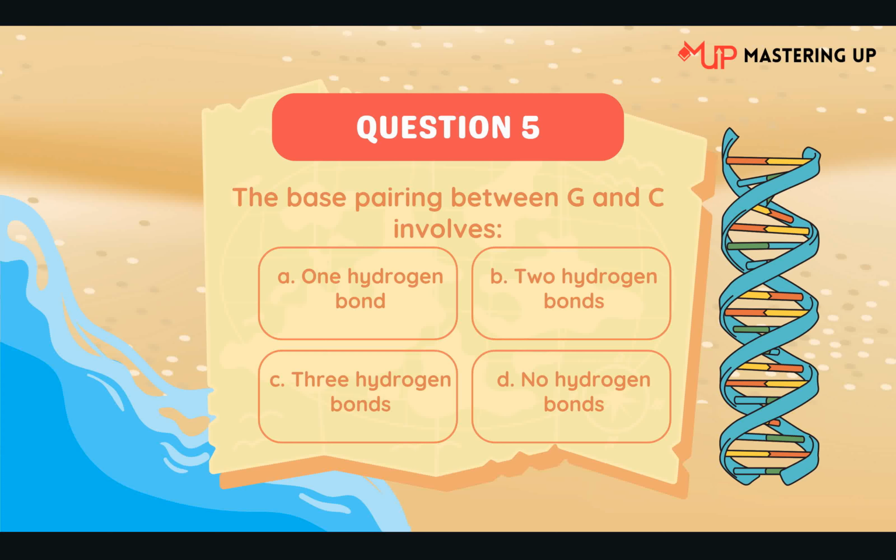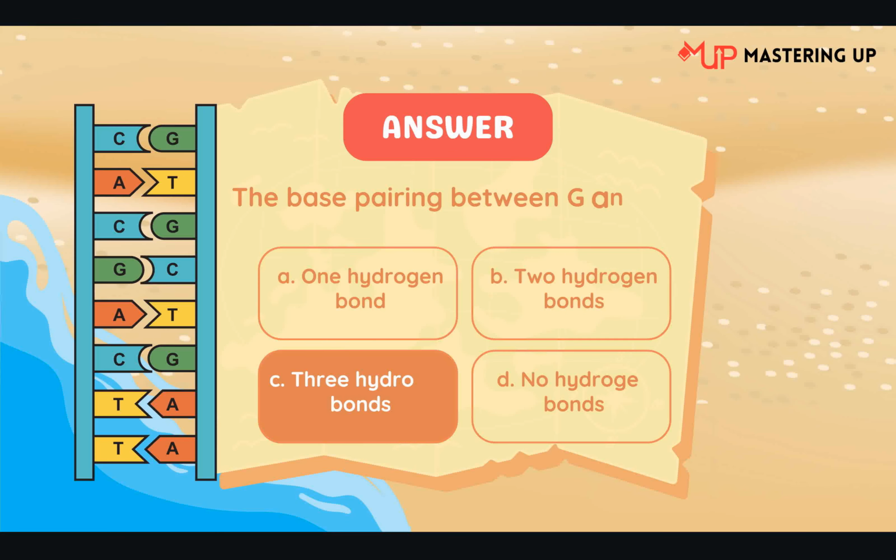Let's see the answer. The answer is option C, three hydrogen bonds. Between adenine and thymine or uracil, you can see two hydrogen bonds, and between guanine and cytosine, you will see three hydrogen bonds. Hope you all got the correct answer.